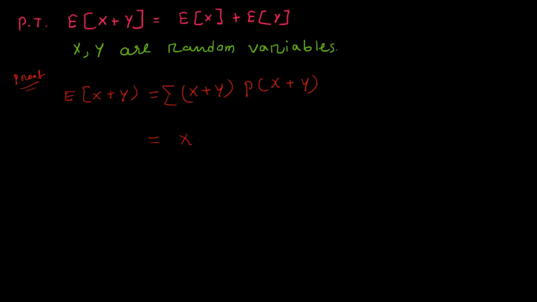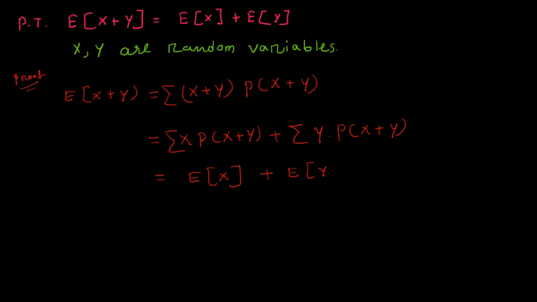So this will give you the summation of x times probability of x plus y, plus this summation of y times probability of x plus y. Since x is the variable here, you can write it as the expectation of x. And you can write this thing as the expectation of y. Now the right hand side looks familiar and this proof is done.